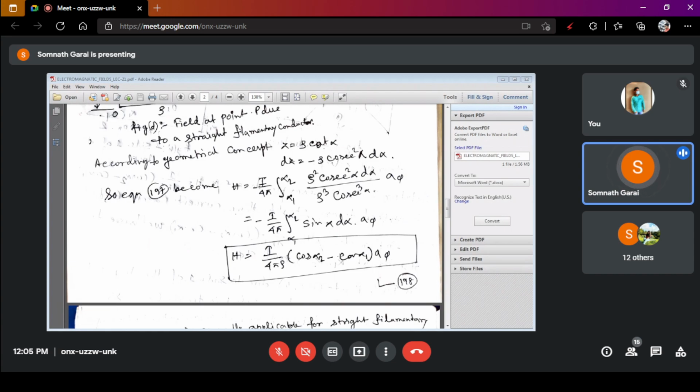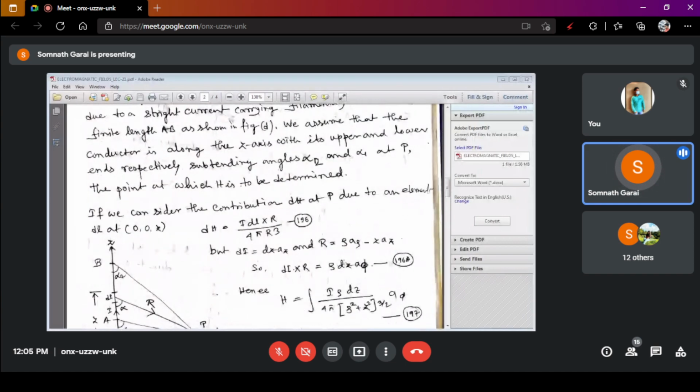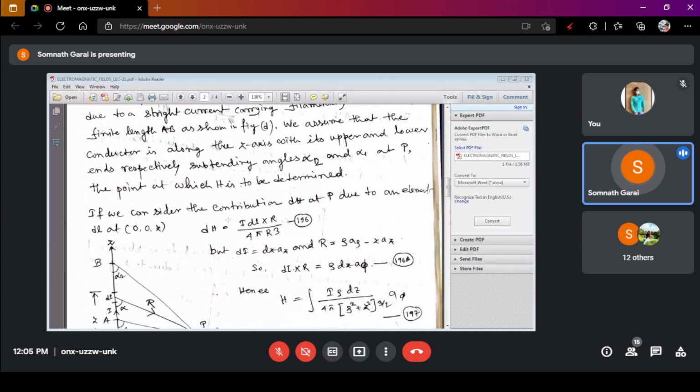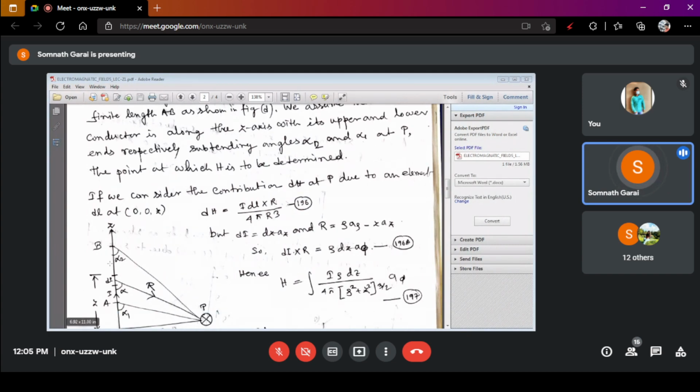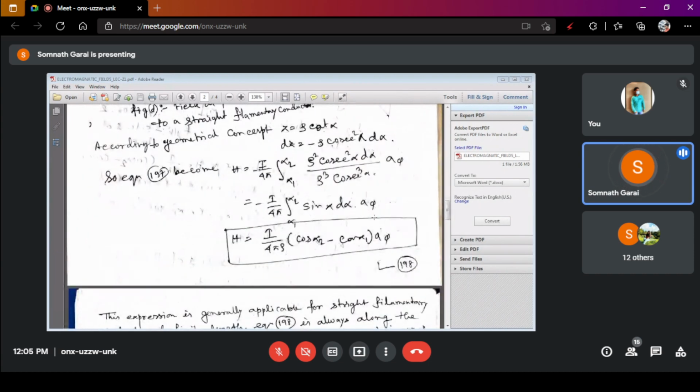So this equation 198 represents the magnetic field intensity due to a straight current carrying filamentary conductor of finite length AB, situated in the Z direction, at the point P, which is r distance away from dl. So that is the equation for the magnetic field intensity.